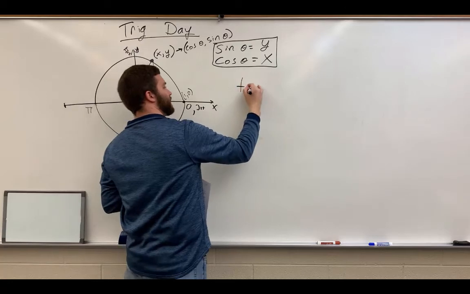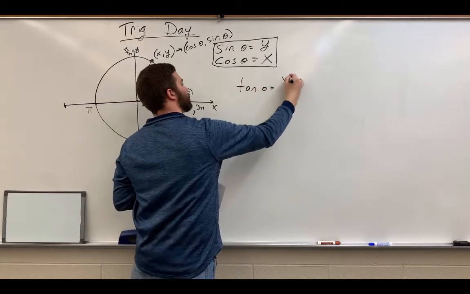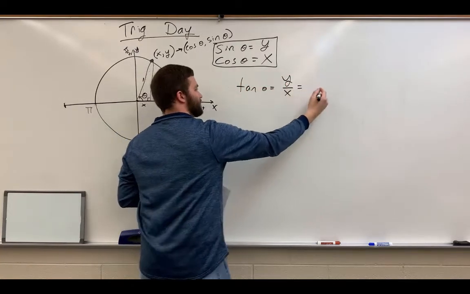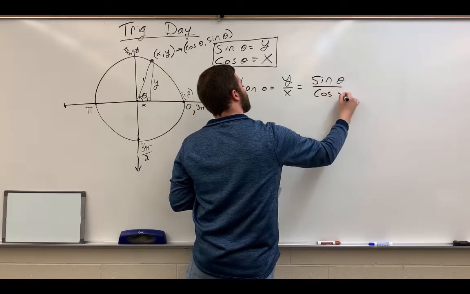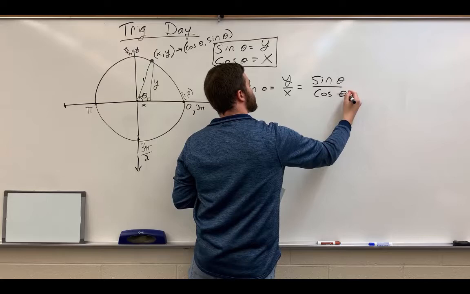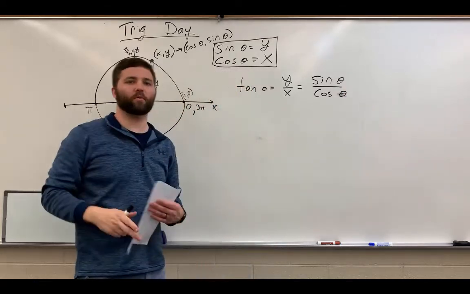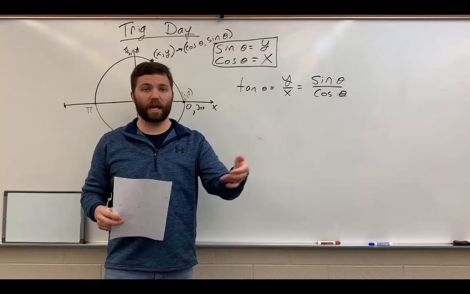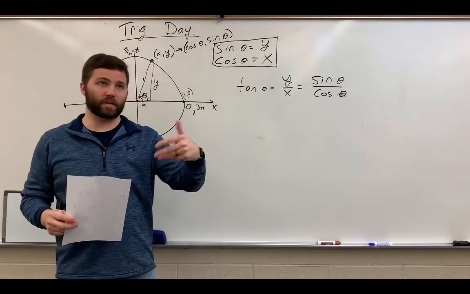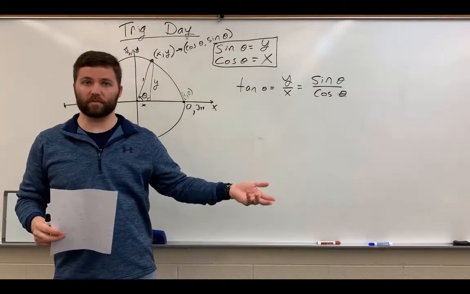So tangent is equal to y over x. Well, that's just sine over cosine. So if you're someone that always flips around the sine and the cosine, and can never remember which one goes over which, just remember tangent is the slope, and that sine is y, cosine is x, so y over x is sine over cosine.